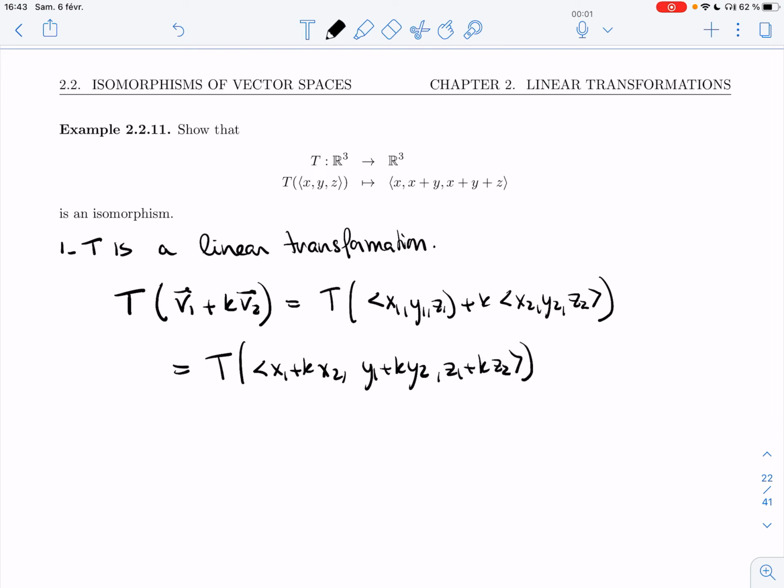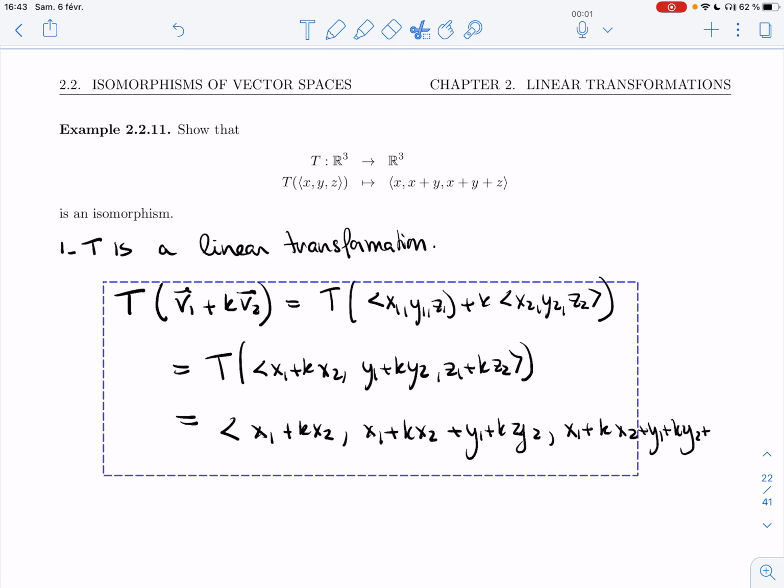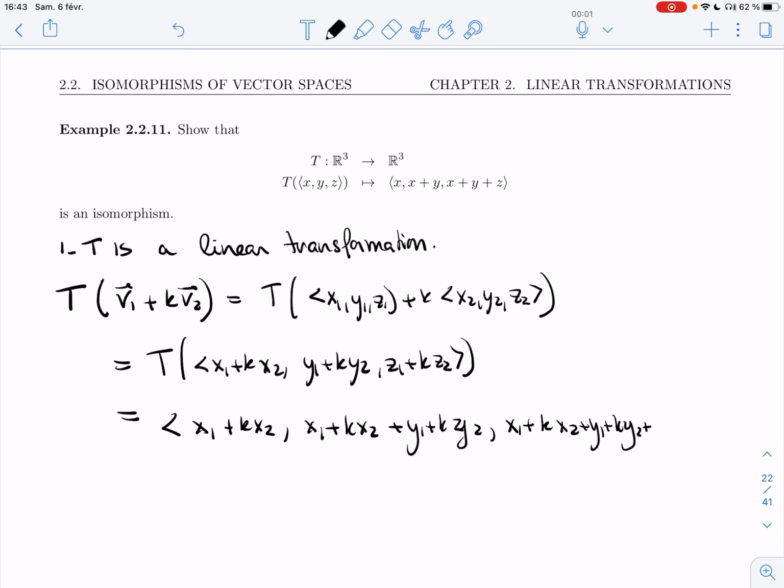And I'm going to apply the map. x stays x. Then I'm going to add x and y for the second, and I'm going to add all three for the third. And let me move everything to the left.